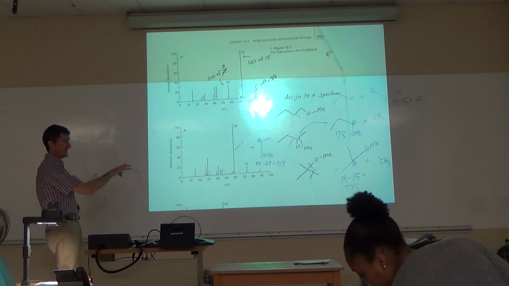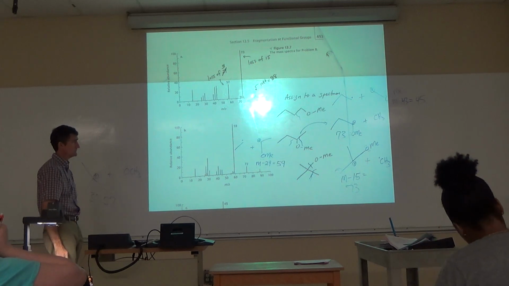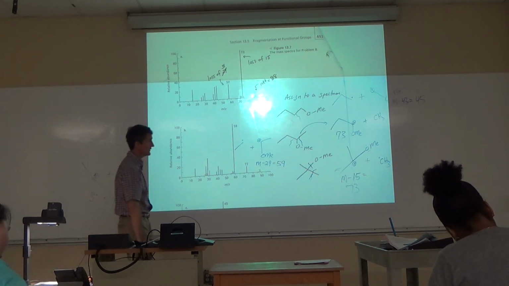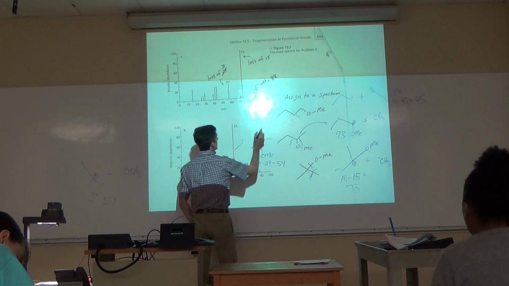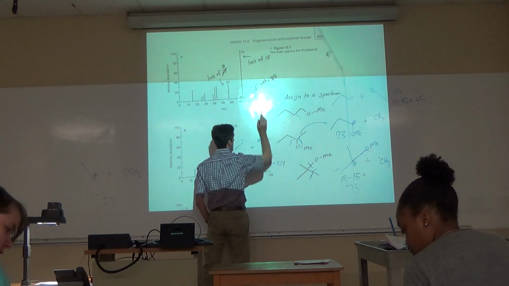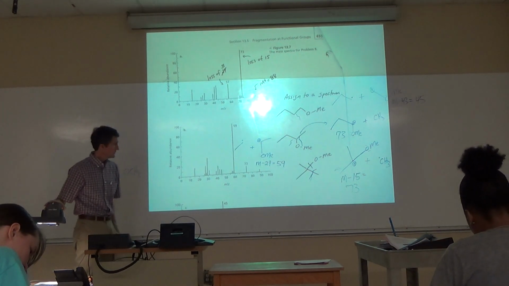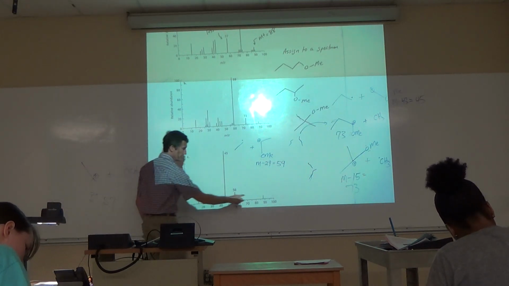So you're predicting cations, and then you're looking for where they're at. Again, these are all constitutional isomers. They all equal 88. Every one had a molecular ion of 88, so that's not going to help you.